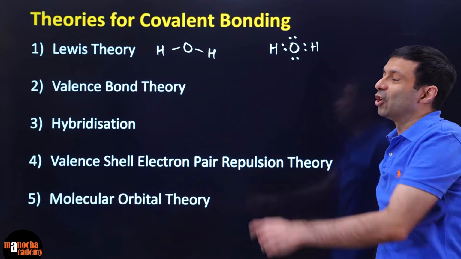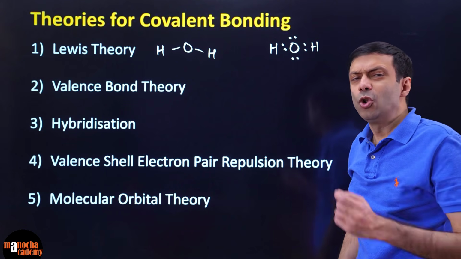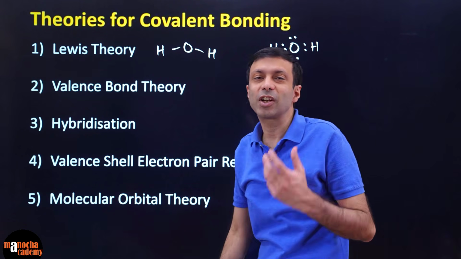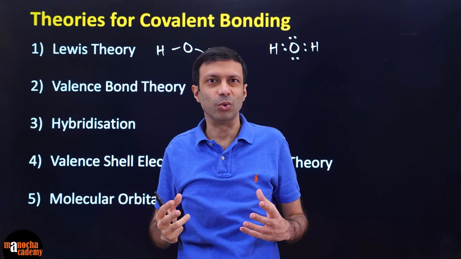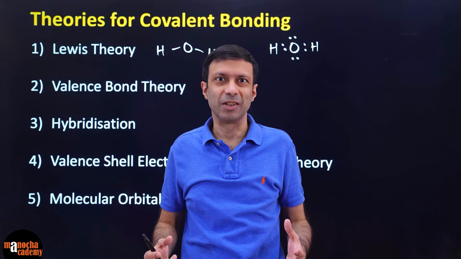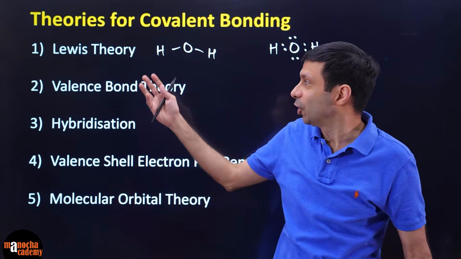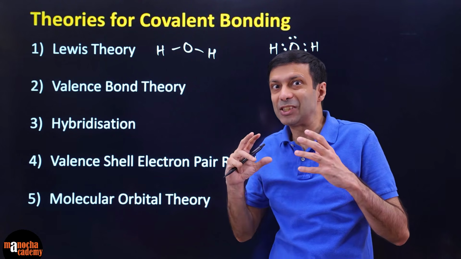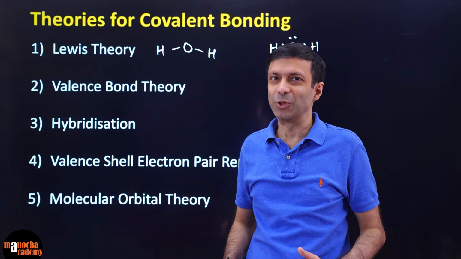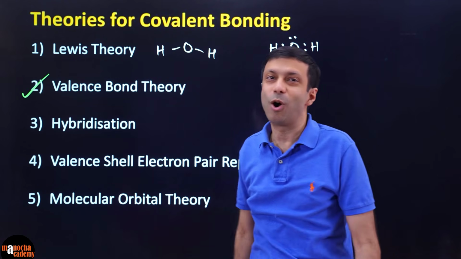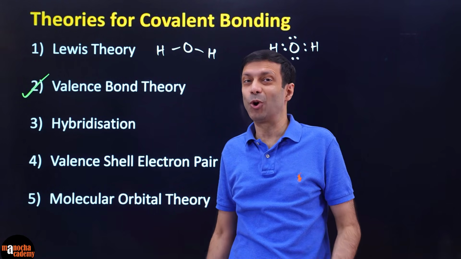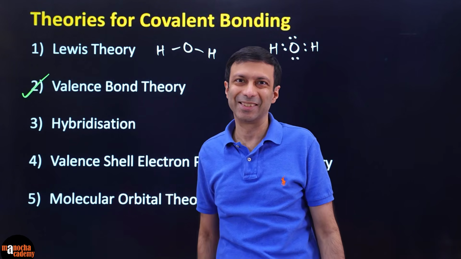So this is the Lewis theory. Lewis theory was able to give us the structure of the molecule, but it was not telling us the shape of the molecule or the geometry of the molecule. So that is why more theories came which are trying to express the shape and geometry of the molecules. And in this video, we are going to look at the valence bond theory. So let's explore this valence bond theory.